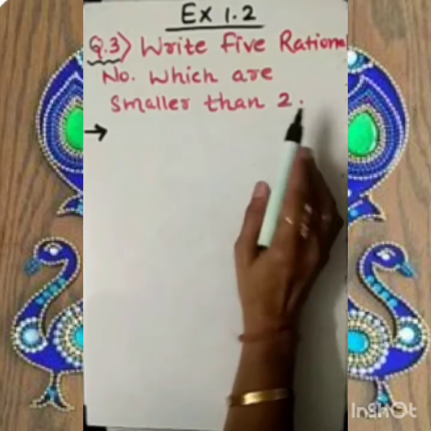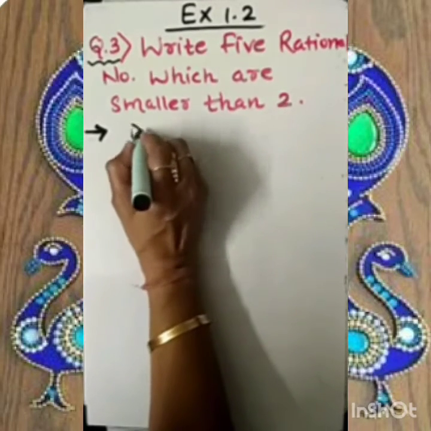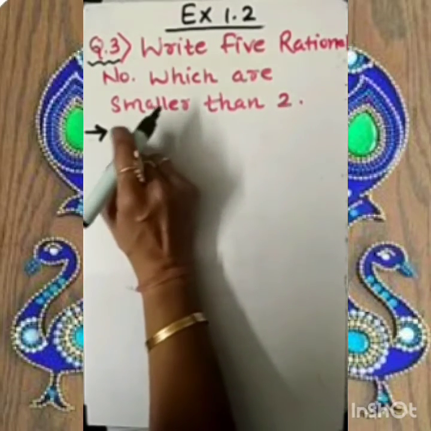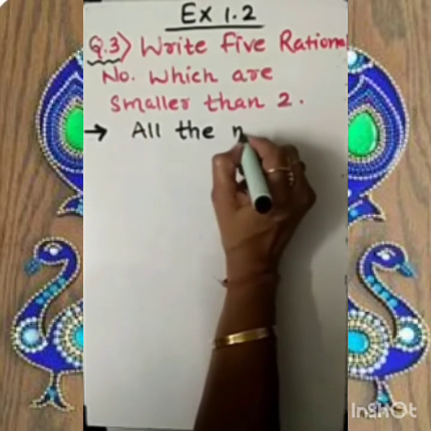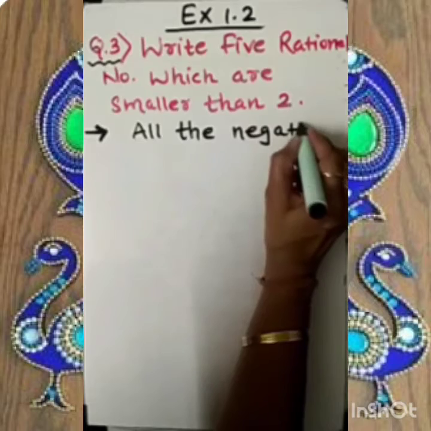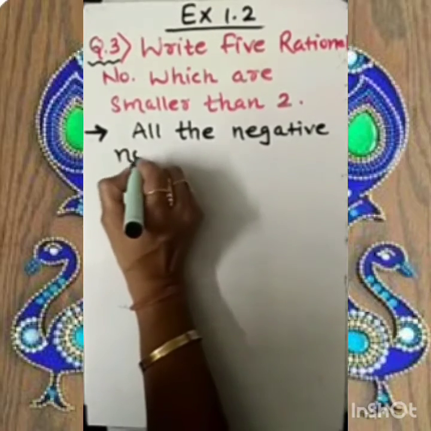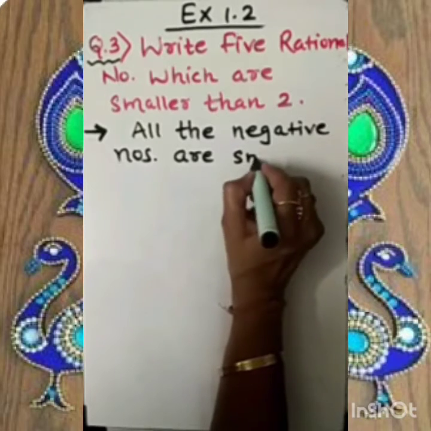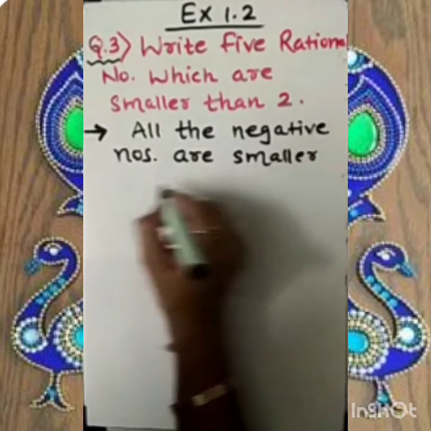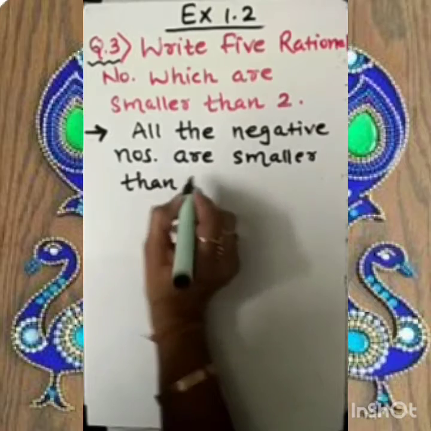Smaller than 2 means, let's decide, all the negative numbers are smaller than 2.